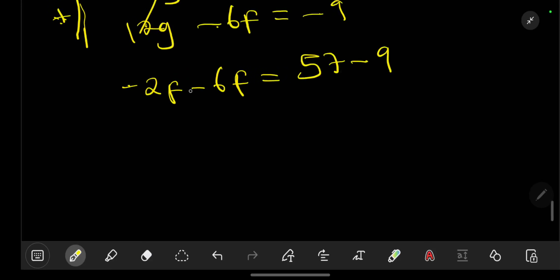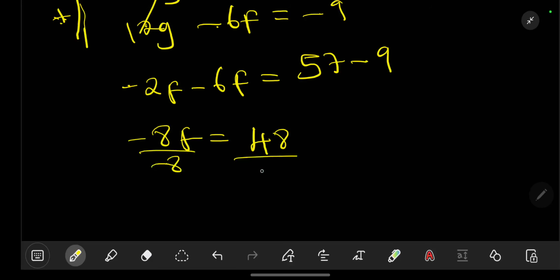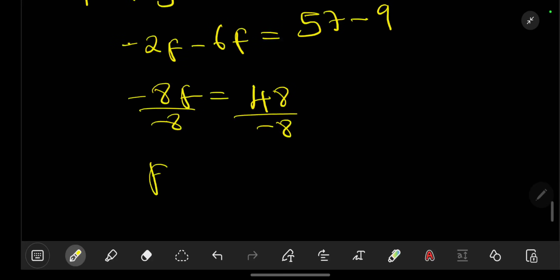So we have negative 2 minus 6, it will be negative 8f, should be equal to 57 minus the 9, it will be equal to 48. Then from there we are going to divide. So we divide this by negative 8, negative 8. F will be equal to negative 6 if we divide those.